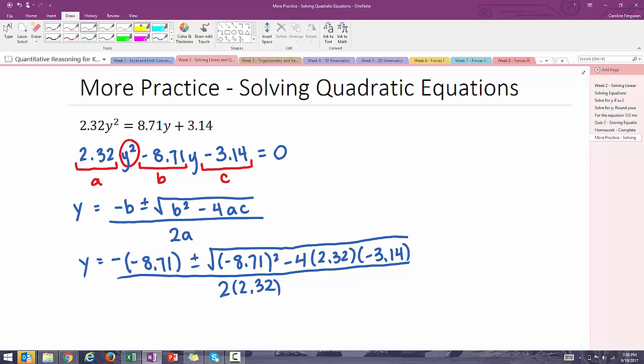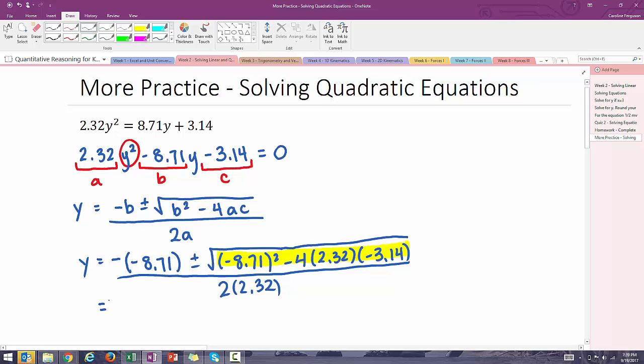So next I'm just going to type into my calculator what I see under the square root sign. Just this part right here, without the square root. So I have bracket negative 8.71 closed bracket squared minus 4 times 2.32 times negative 3.14. And I get 105.0033. So I'm going to write everything out.